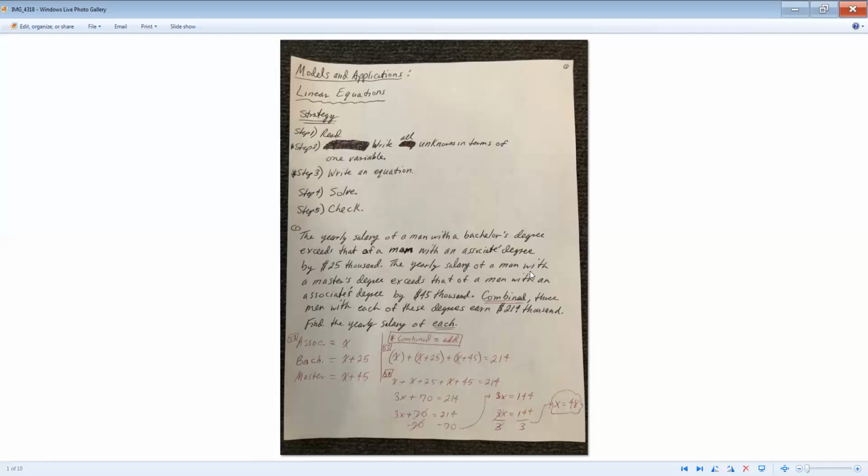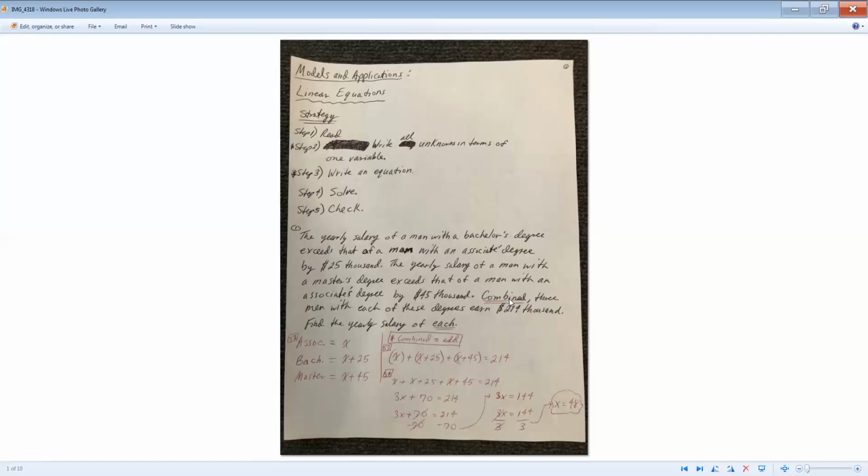And then the man with the master's degree exceeds that of a man with an associate's by 45,000. So the man with the master's would be X plus 45. So we need an algebraic representation for each unknown that we have. And now we have that. We have the associate's as X, bachelor's as X plus 25, master's as X plus 45.